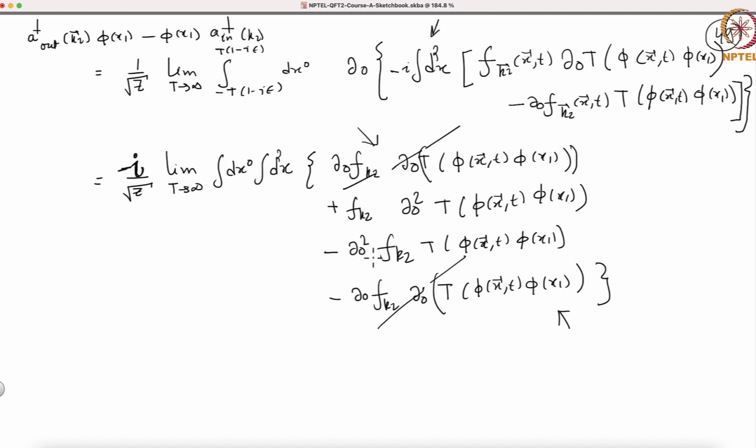You write down the expression of Fk2 that you already know, take the time derivative twice and substitute in here, and you will get the following result.